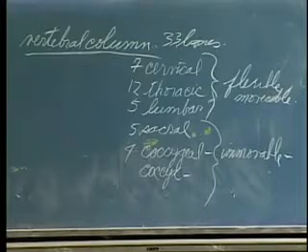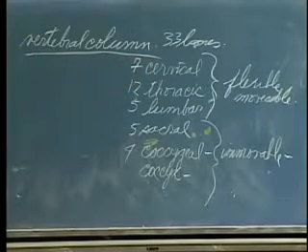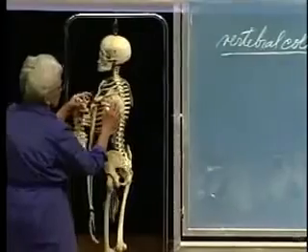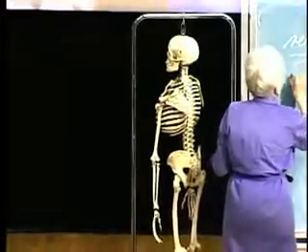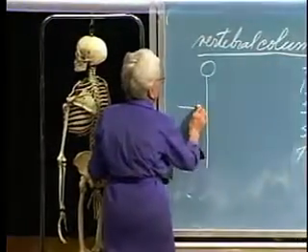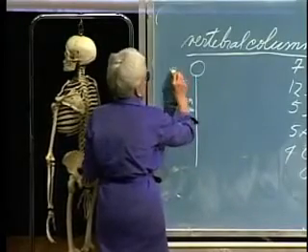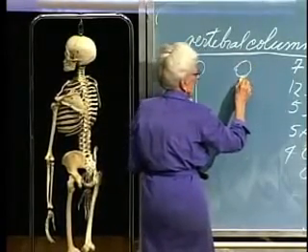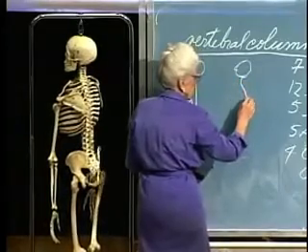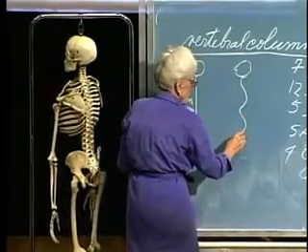Now, we can say that this is a column. When you look at it posteriorly, it is a column. But when we look at it laterally, we have curves. So if we have a head and we're posterior, we have a column. If we have a head and we're laterally, we're going to first have a curve this way, then a curve this way, then a curve this way, then one this way, and one down here.